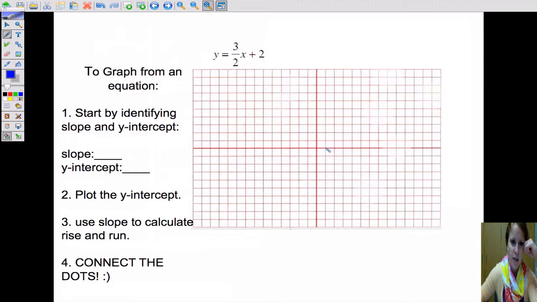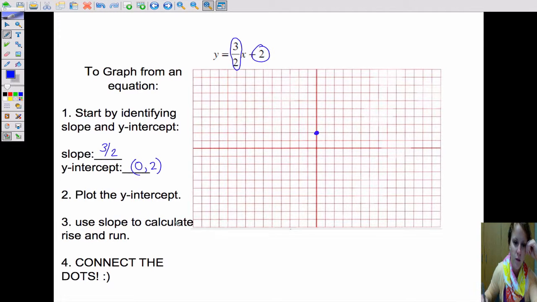Let's do some practicing. If we were to graph some equations, we start by identifying the slope and y-intercept. So our slope here is 3/2, and our y-intercept is 2. If I want to be exact, our y-intercept is (0, 2). We start by plotting the y-intercept. So we go to (0, 2), and we make a point.